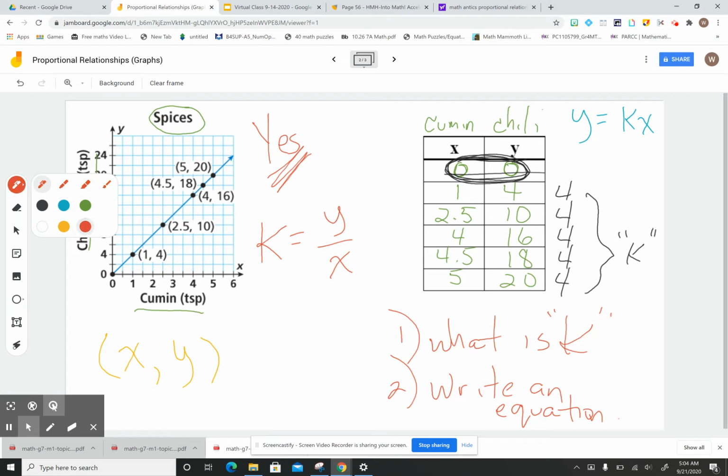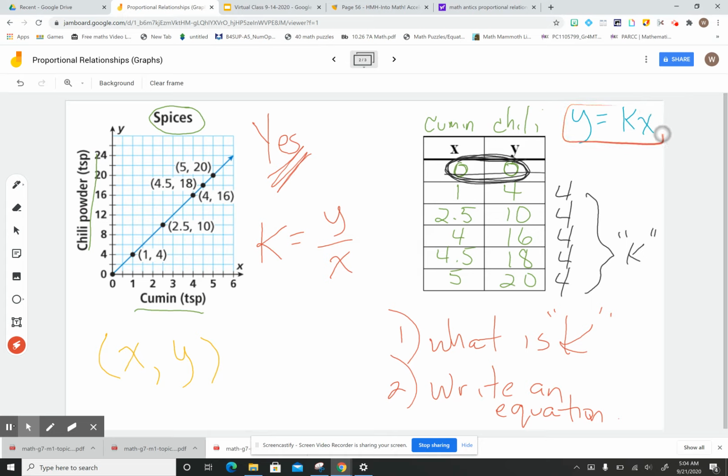When you have Y equals KX, you are not doing anything with X and Y. You are just replacing K. So if we replace K, our K in this case is 4. Our equation would be Y equals 4X. That means 4 multiplied by X would give you Y.